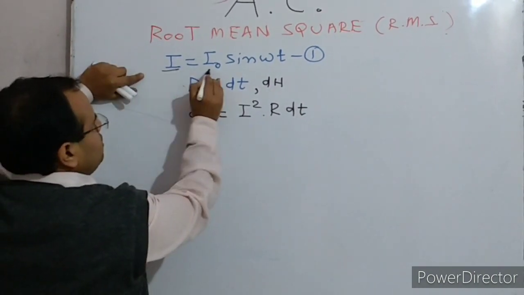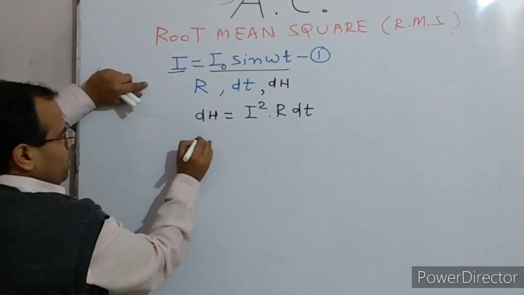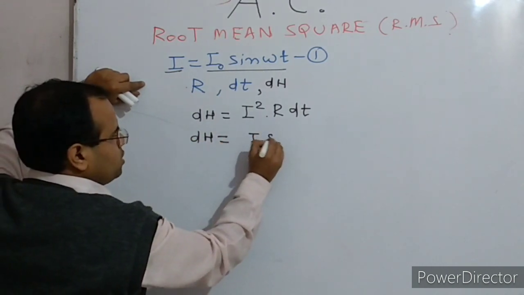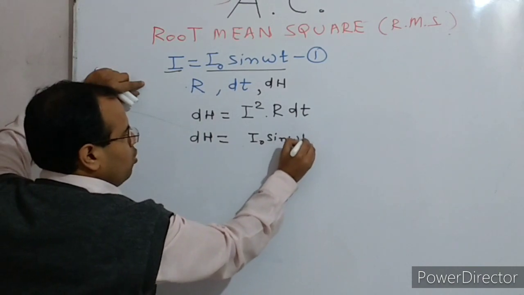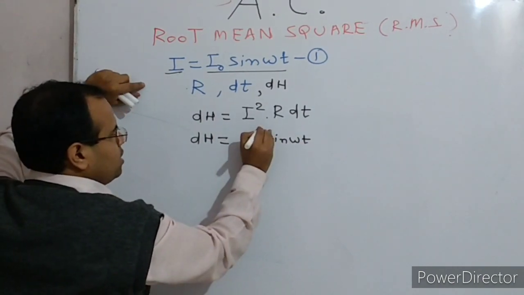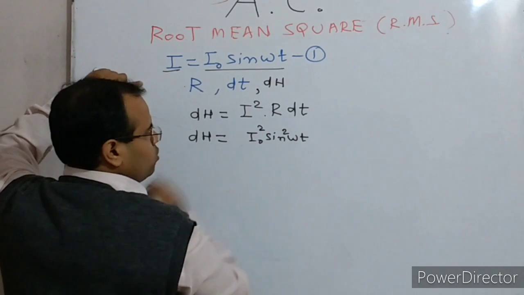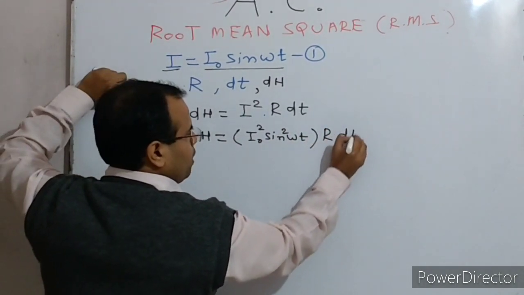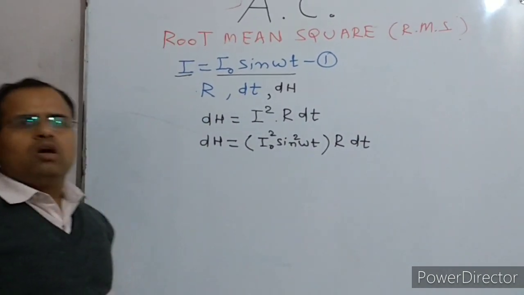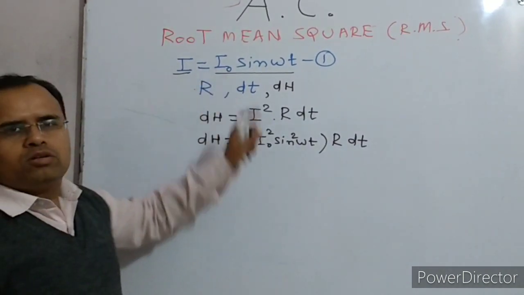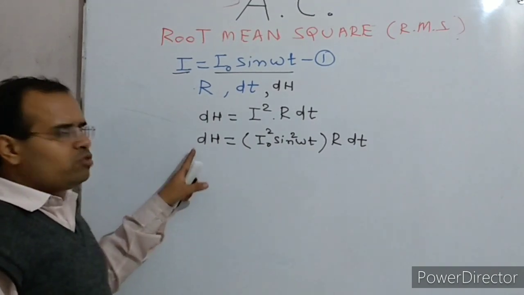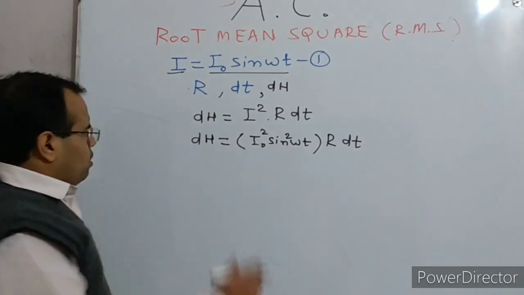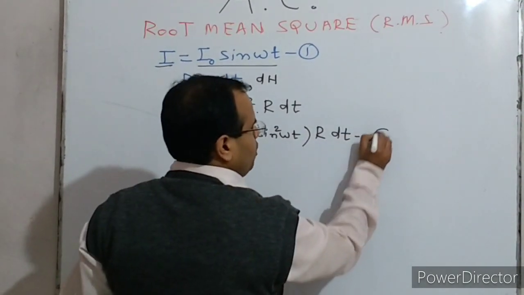Now as far as I is concerned, it is I naught sine omega t, so you can write I naught sine omega t whole square, which can be written as I naught square sine square omega t multiplied by R dt. So this is the heat produced when the alternating current I equals I naught sine omega t is flowing through a circuit of resistance capital R for time dt. Let it be equation number 1.